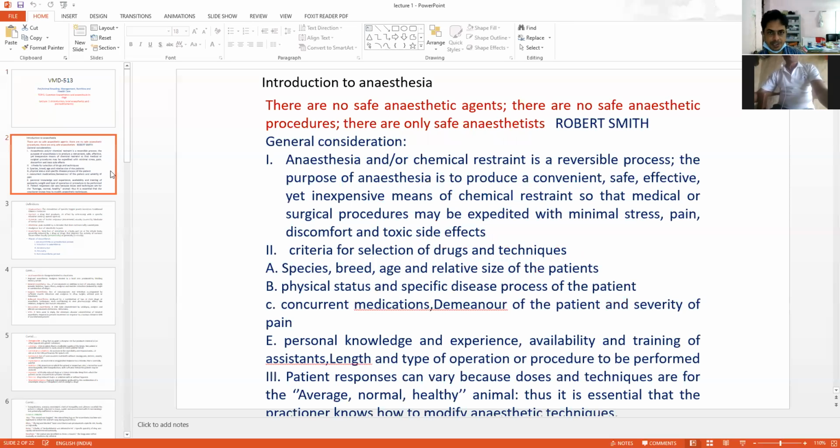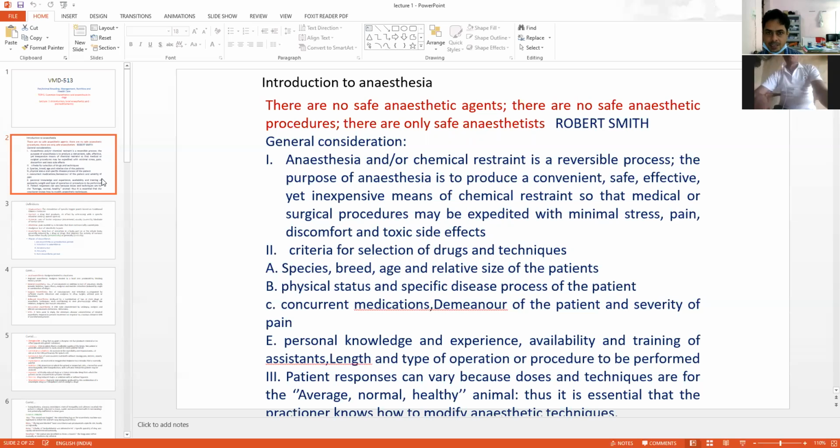First of all, introduction. As you know, there is no safe anesthetic. Every anesthetic has some side effects. As per the situation of the patient, we select the anesthetic which is safe for that particular animal. So there are no safe anesthetic agents and no safe anesthetic procedures. Even intravenous anesthesia, inhalant anesthesia, regional anesthesia, every anesthetic technique has some advantages and disadvantages.